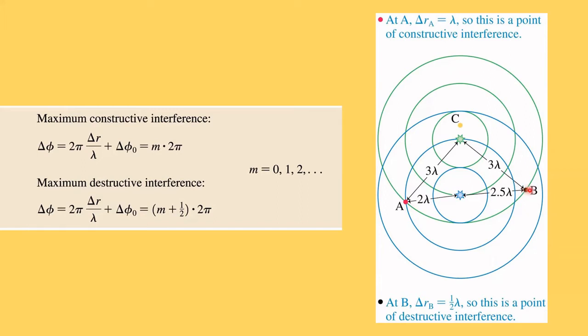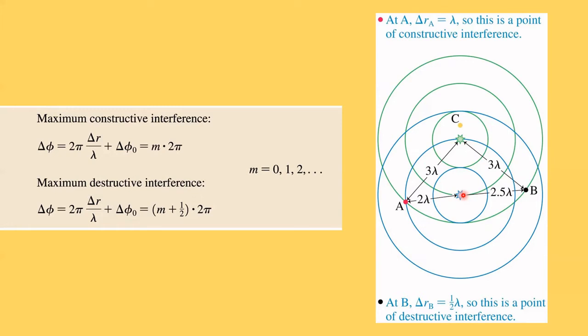The other way to think about it is you can count 1, 2, 3 wavelengths from source 1, but it's only half plus 1 plus 1. That's 2.5 wavelengths from source 2. So if you look at the path length difference, 3 lambda minus 2.5 lambda is half a wavelength. The difference between the two paths is half a wavelength. That's the condition for destructive interference.